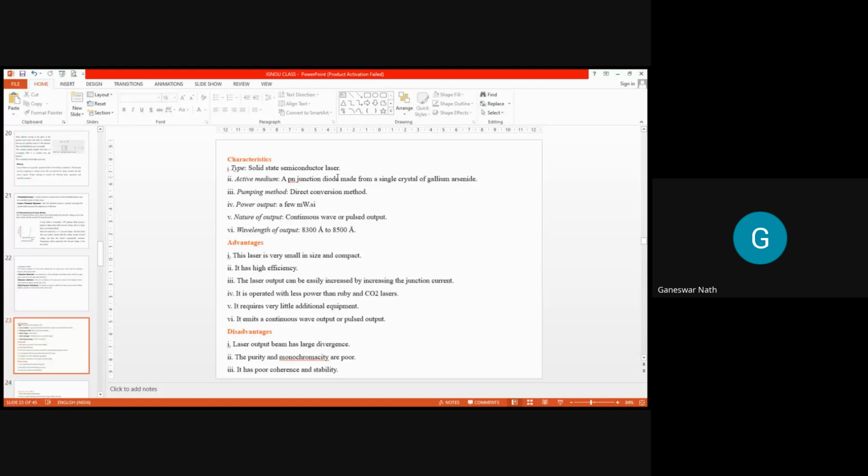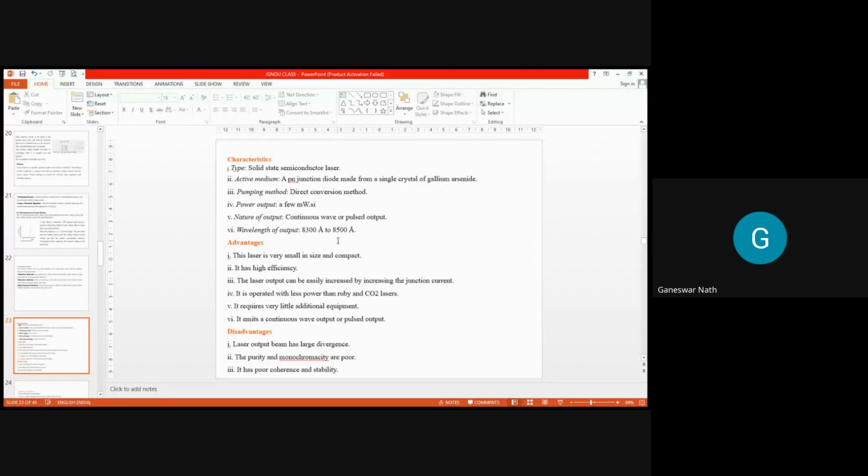The active medium is gallium arsenide, and the pumping method is called the direct conversion method. Direct conversion means you are using the current directly on the p type and n type. There is no other medium. We directly apply the electric current for activation of the medium. That is called the pumping method.